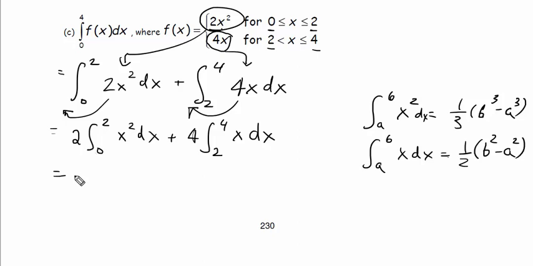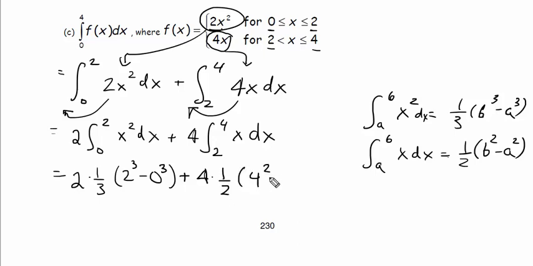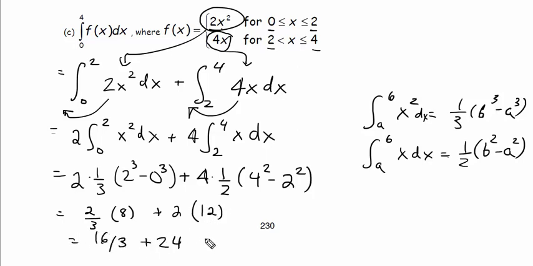So we have 2 times the 1/3 times 2 cubed minus 0 cubed plus 4 times the 1/2 times the 4 squared minus the 2 squared, and that ends up being, well, 2/3 times 8 plus 2 times 12, so 16/3 plus 24, and that ends up being 88/3.